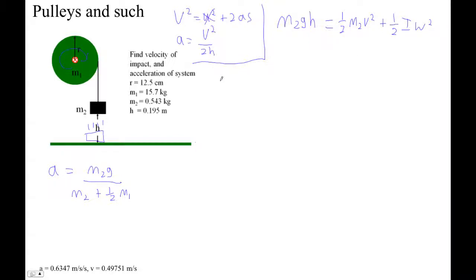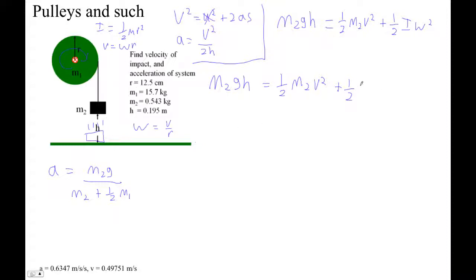Okay, so now let's substitute. We got m2gh is 1/2 m2v squared, and then we go plus, and we're going to do the standard substitution. So 1/2, and let's substitute that I is 1/2 m1r squared. And then let's say that v is equal to omega r, so omega is v over r.